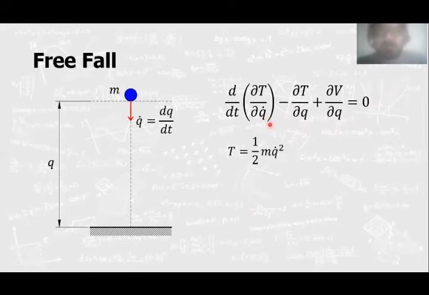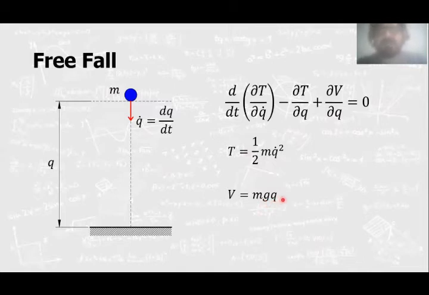The kinetic energy is equal to 1/2 m q dot squared, and the potential energy is equal to m g q. m is mass, g is gravity, and q is the position.